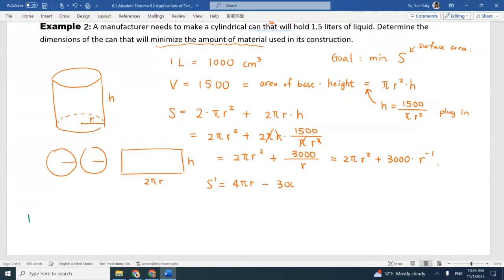Yeah, negative 3000 r to the negative 2. Yes, everybody? Okay, do you remember when we find the critical points? If some term has a negative exponent, it means this thing is actually in the denominator, right?